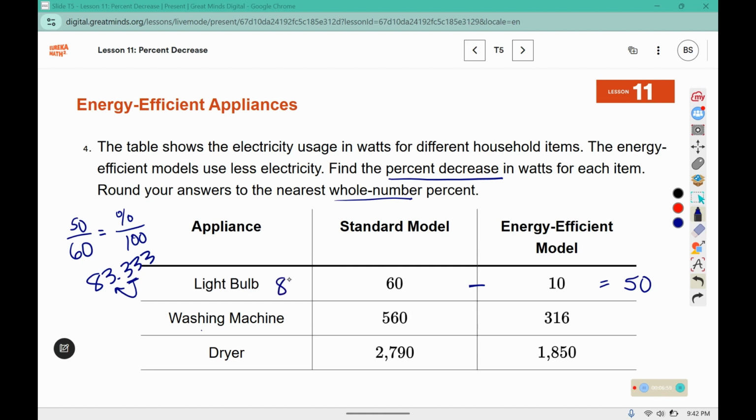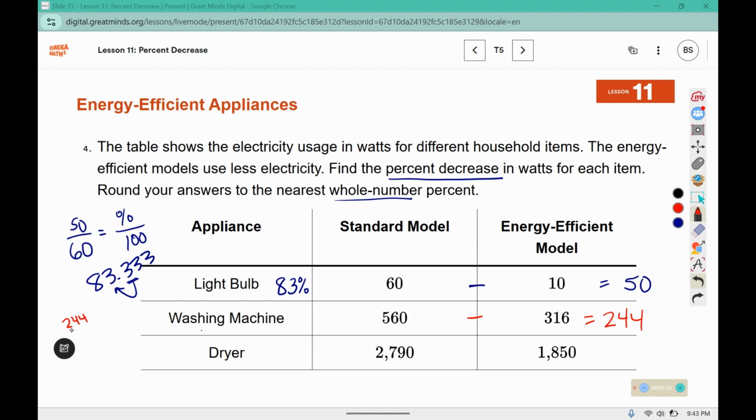So it reduced by 83%. 560 minus 316 means that it reduced by 244, or decreased by 244.